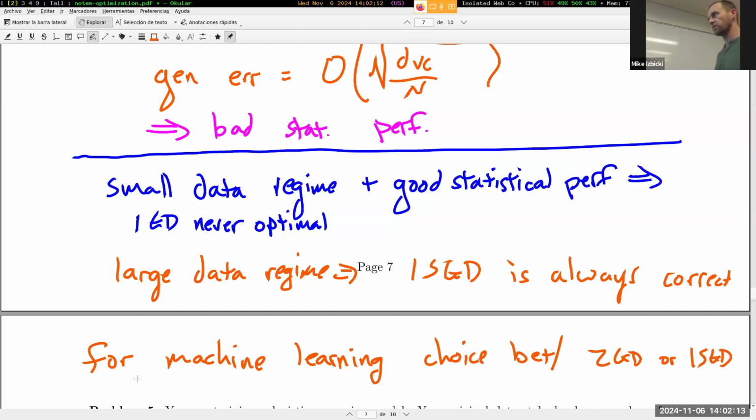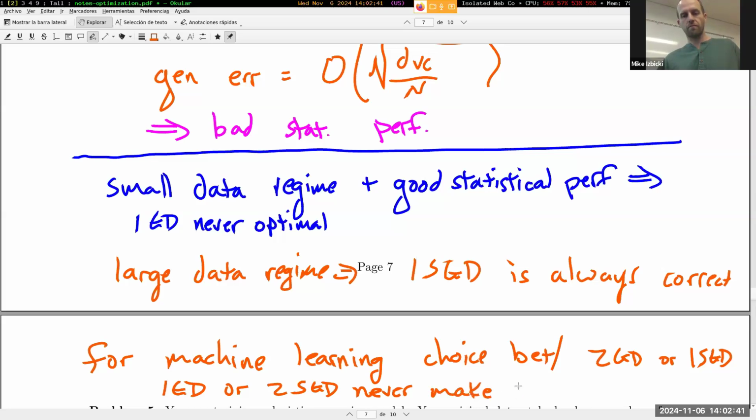In other fields where statistics is not a consideration the same way it is in machine learning, as we've been talking about it, this might not be the case. But for us in particular, 2 GD or 1 SGD are the only algorithms that ever make sense to use. 1 GD or 2 SGD never makes sense.